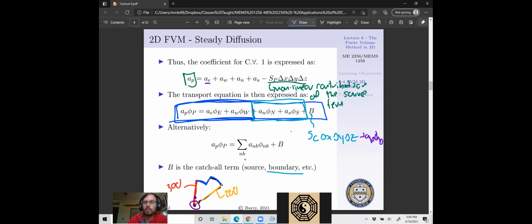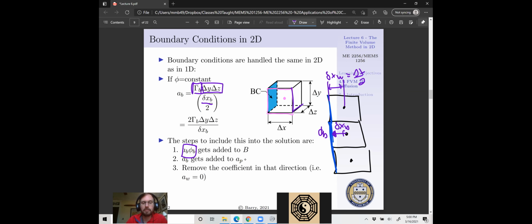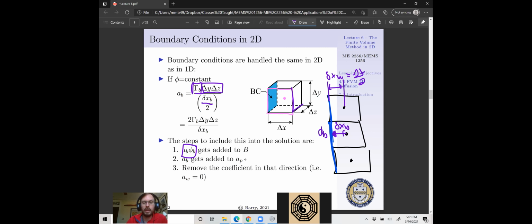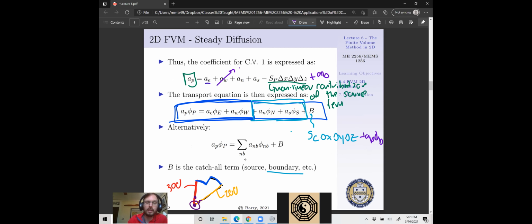If we have a nonlinear contribution to our source term, we just add AB to AP as well. Then we would remove our coefficient in this direction. Since this is to the left, we would remove a west. We'd set that to 0, and we'd set this to 0 since we're evaluating AB phi b. So the same procedure we did in the past.